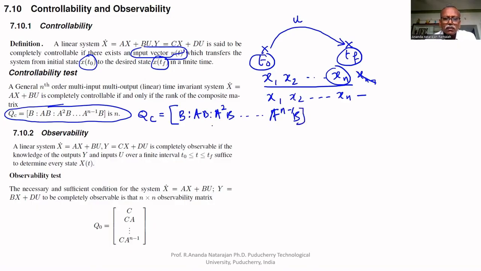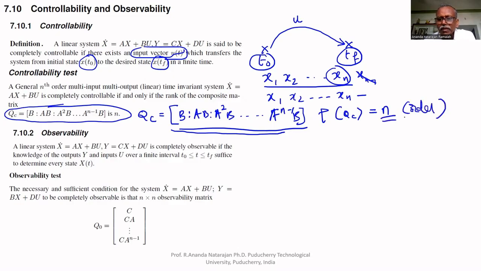This is the composite matrix. If the rank of this composite matrix QC is equal to n, where n is the order of the system, then the system is said to be completely controllable.